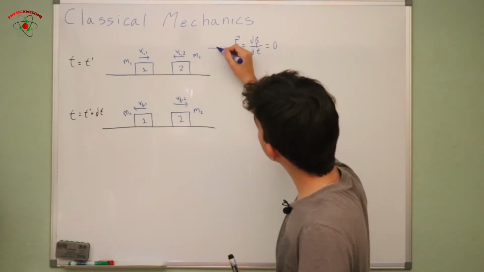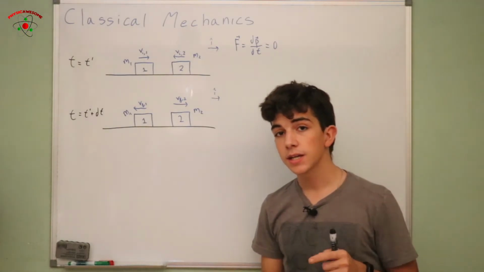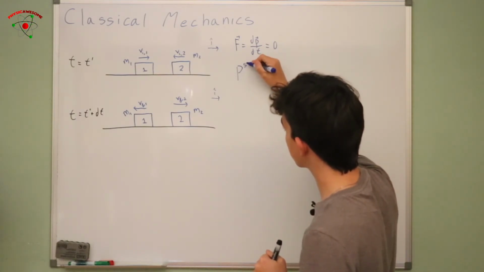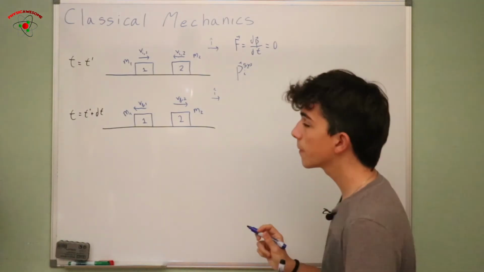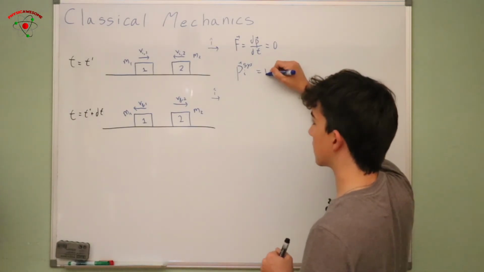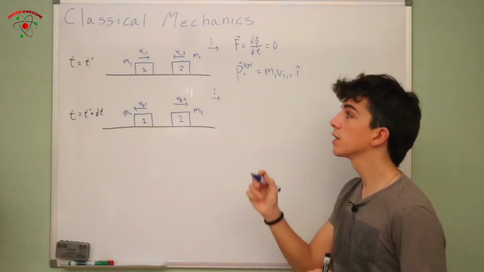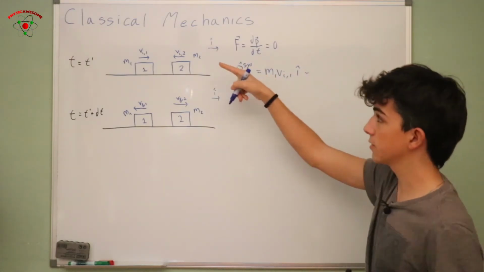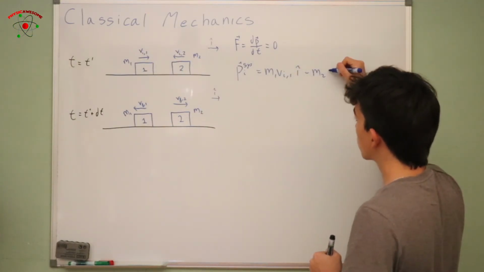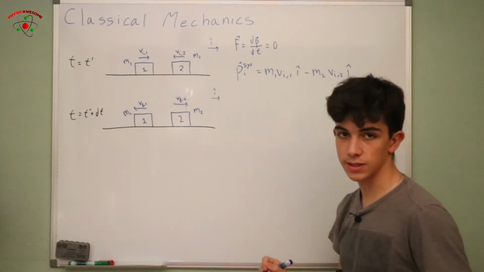Therefore, we're going to define our i hat vector over here and over here. And we can see that the initial momentum, that is P of the system initial, equals m1 times v initial 1 in the i hat direction plus, well, minus, because it's pointing opposite to our unit vector, m2 v initial 2 in the i hat direction once again.